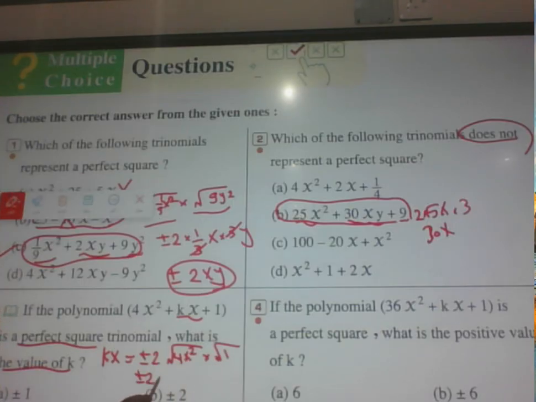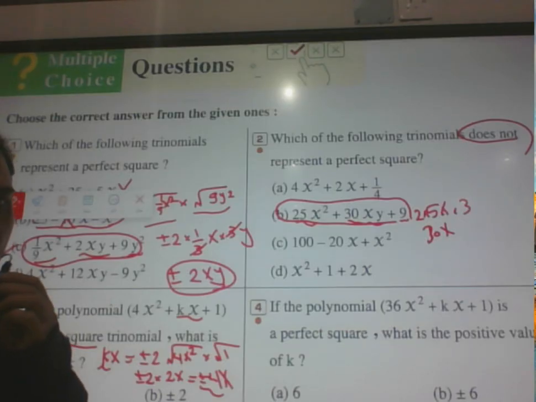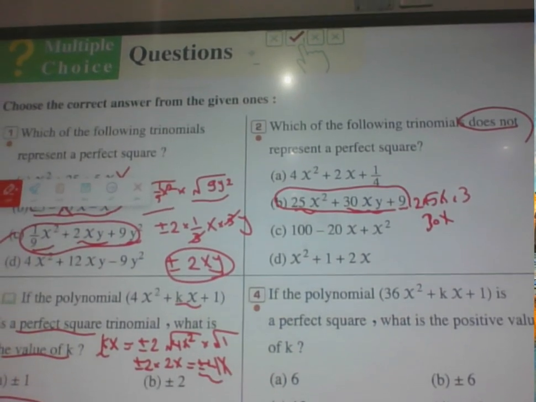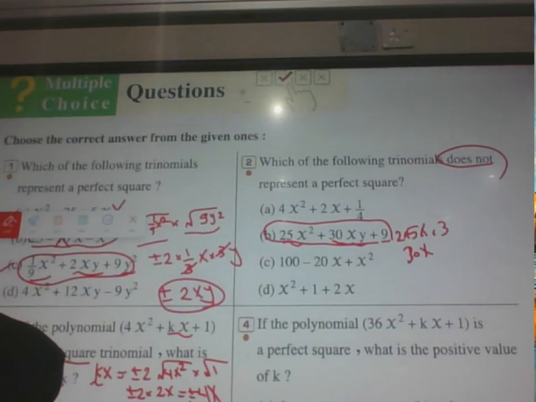The square root of 4x power 2 is 2x. The result will be positive or negative 4x. Then comparing the coefficient of x, k equals positive or negative 4. The answer will be letter C. Understood? It's a perfect square.